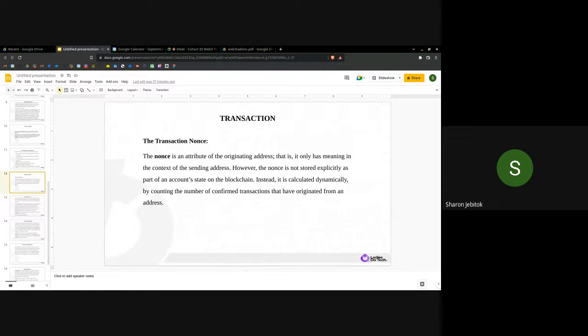But in this case, the nonce is the number of confirmed transactions that have occurred in a given address. So just know the context of what the nonce is trying to mean. In this case, it's a case of a transaction.